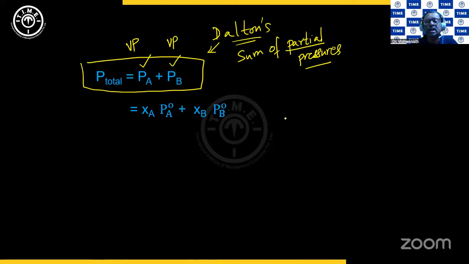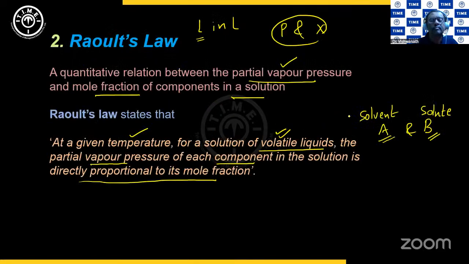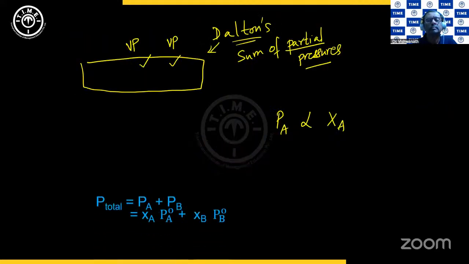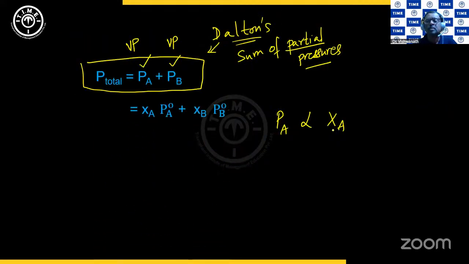How is each vapor pressure dependent? PA is proportional to XA, they say. That's what they said here, right? Partial vapor pressure is directly proportional to its mole fraction. That is what you are showing here: PA is proportional to XA, or PA is equal to PA naught into XA. What is this PA naught?